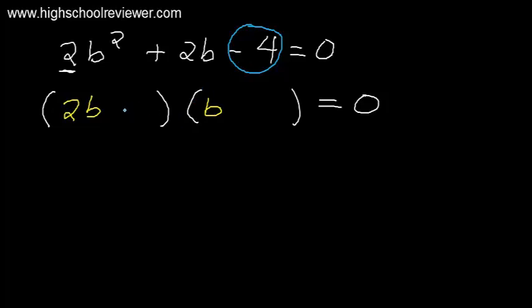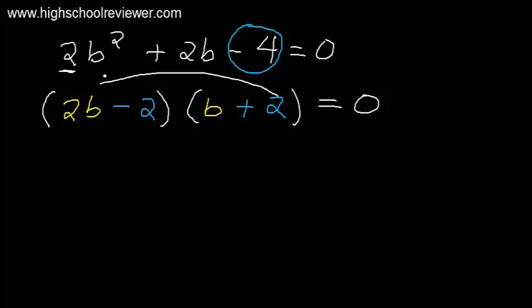Okay, so let's put here negative and positive. Now, since this is positive 2b, we are going to put the positive side of 2 on the side, and the negative will be here.